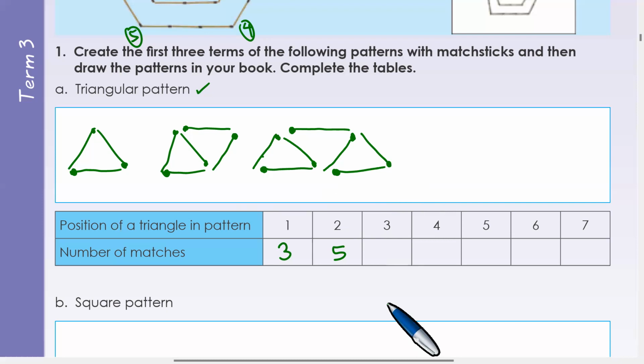So let's count the matches here. There are 7. How many will there be here? 9. Here, 11. Here, 13. Here, 15.